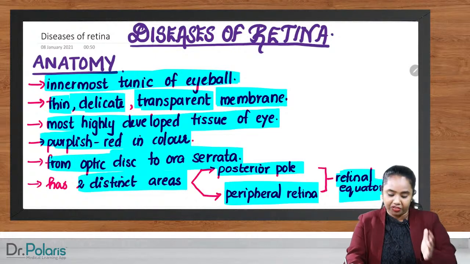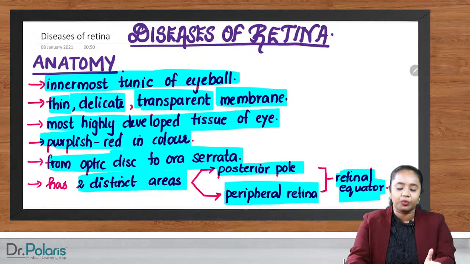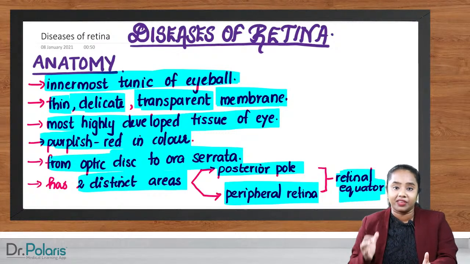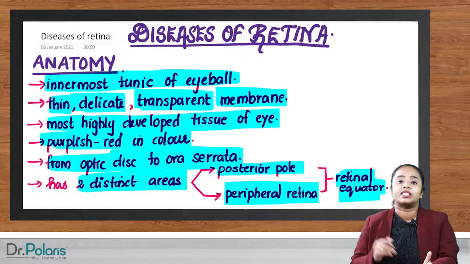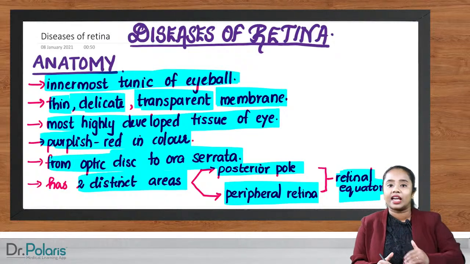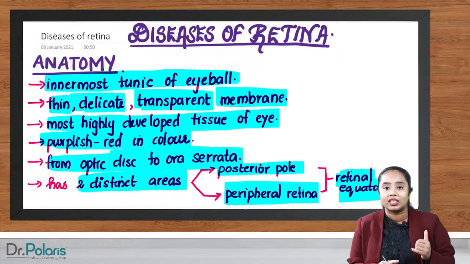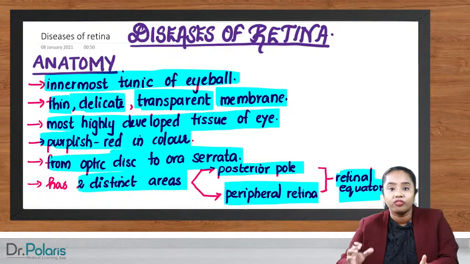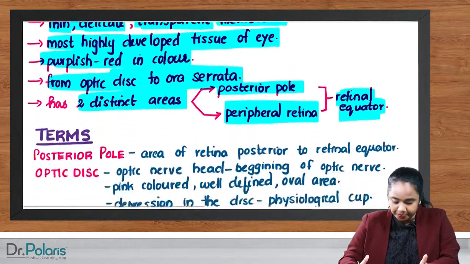So, in brief, it is the innermost tunic of the eyeball, very thin, delicate and transparent, a very highly developed tissue, purplish red in color, extending from the optic disc to the ora serrata, with two distinct areas, the posterior pole and the peripheral retina, and in between a small area, the retinal equator.